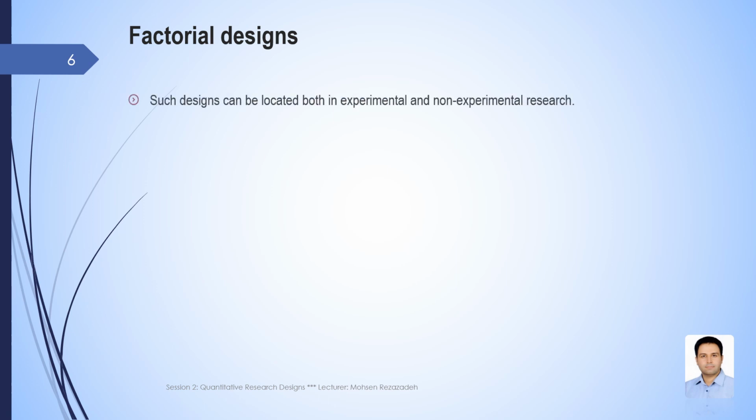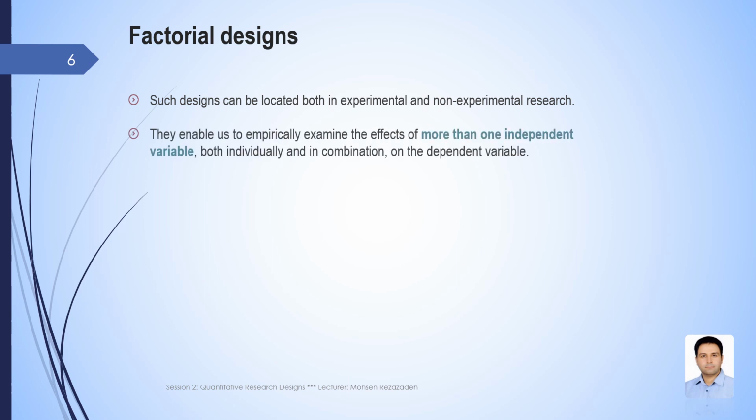Such designs can be located both in experimental and non-experimental research. They, in fact, enable us to empirically examine the effects of more than one independent variable, both individually, that is one independent variable, and in combination, that is more than one independent variable, on the dependent variable.